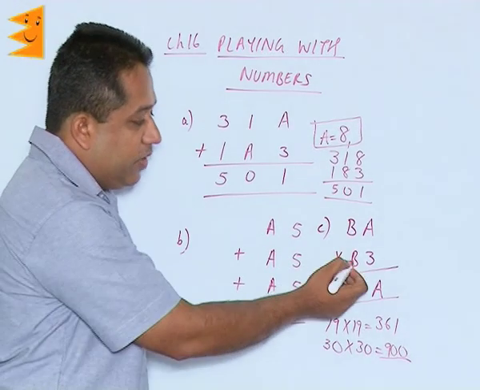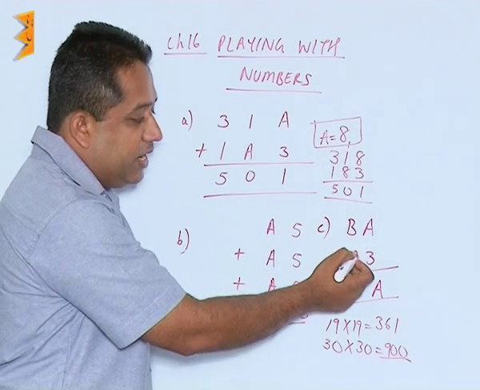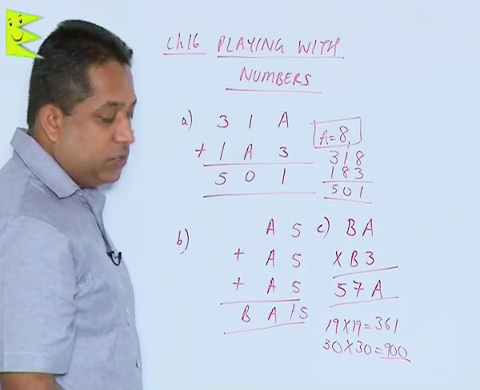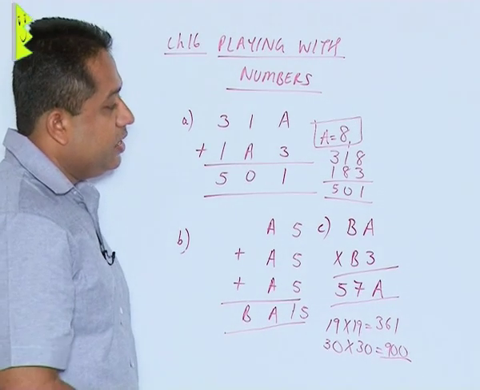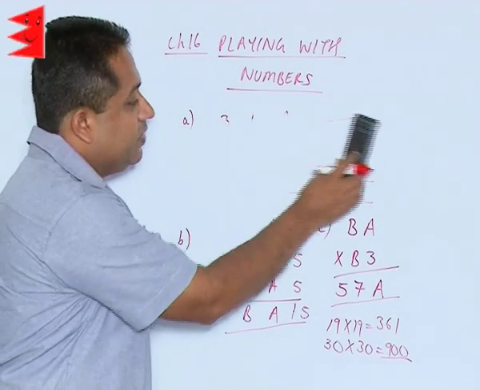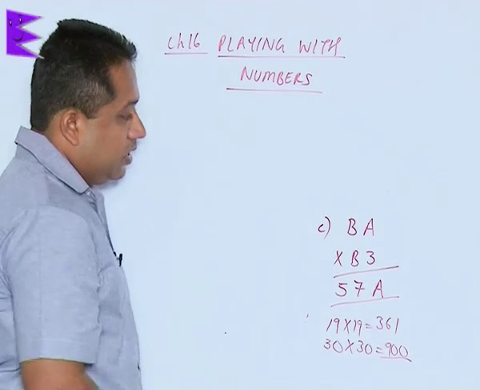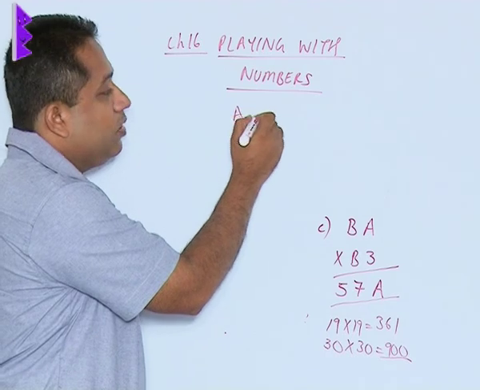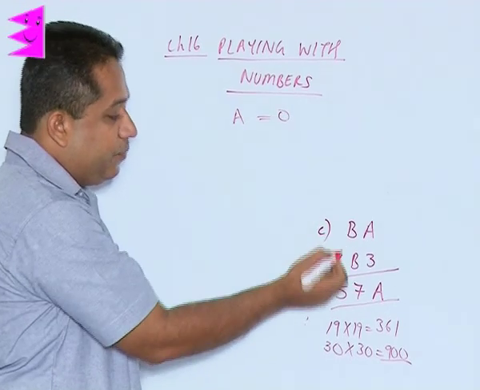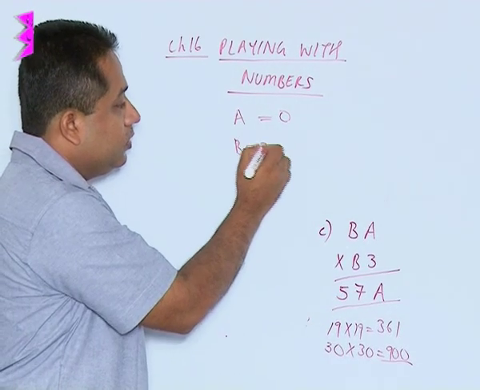So, once we know the value of B as 2, then for the value of A, one possibility we said was that A could be 0. Let us see whether that works out. We said that A could be 0, and the value of B definitely is 2.